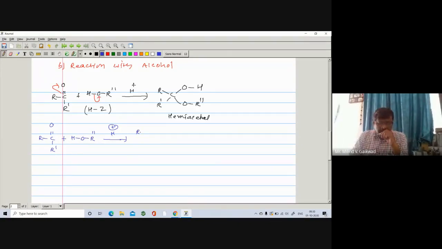So here R, here is the C, here is R'. This oxygen undergoes protonation first, the double bond O undergoes protonation. This oxygen carries a positive charge. Further, the pi bond opens on the oxygen, neutralization of the positive, carbon becomes positive, and here the alcohol attacks.